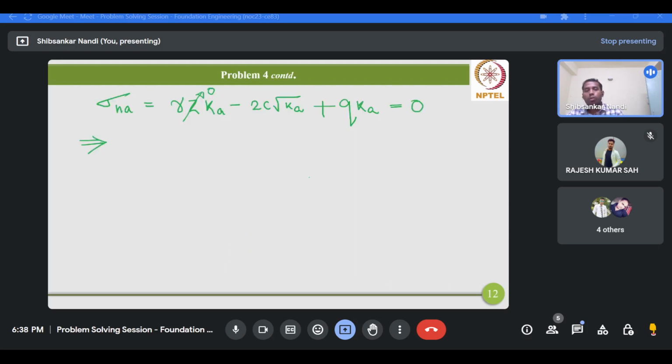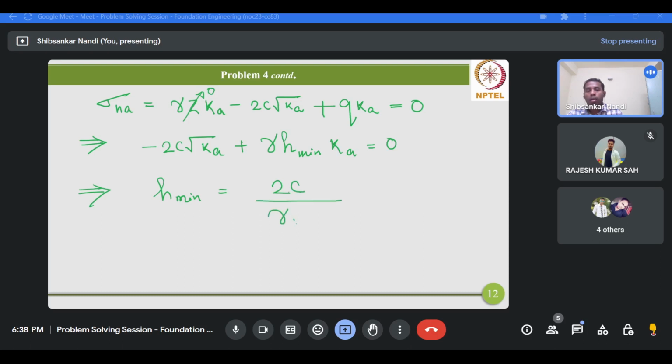So Z is 0. So therefore, minus 2C root Ka plus gamma H minimum Ka equals 0. So H minimum we can calculate as 2C by gamma root Ka.